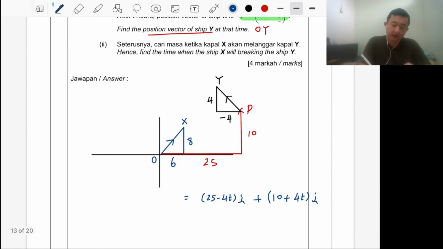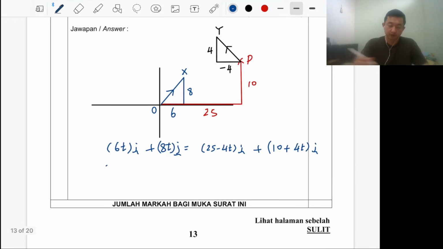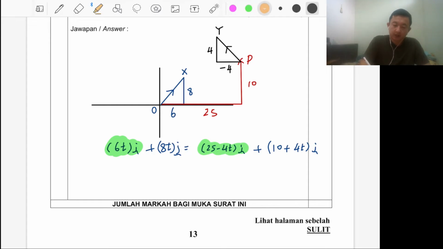So when I compare it, that will be 6ti plus 8tj. This is just comparing with the identity of i and j. So now you compare it. You compare j, which is the vertical velocity, to the vertical velocity.